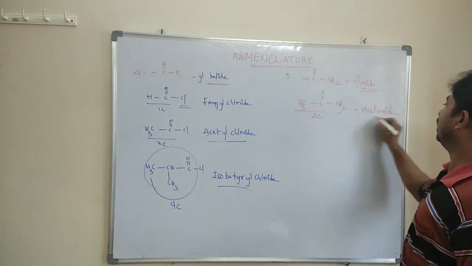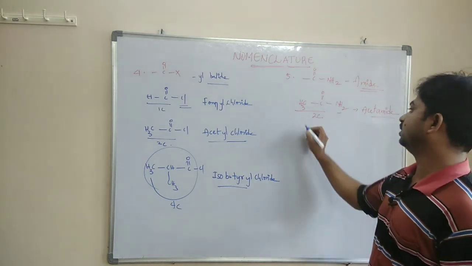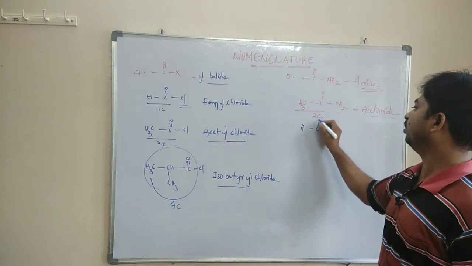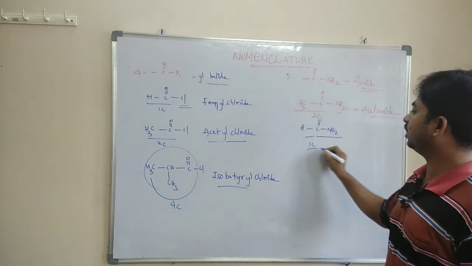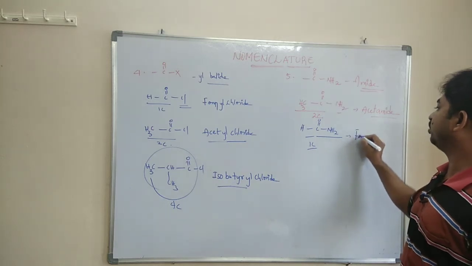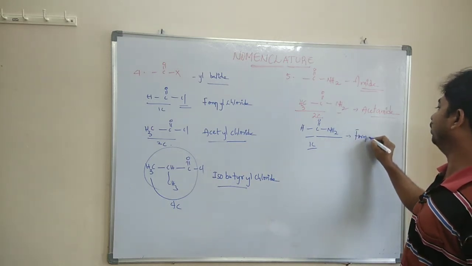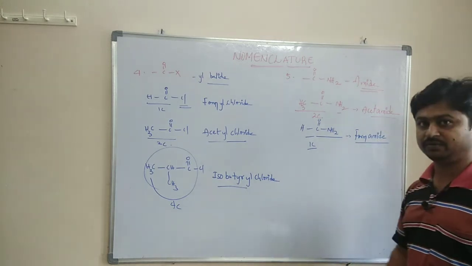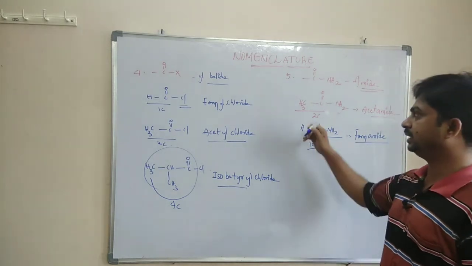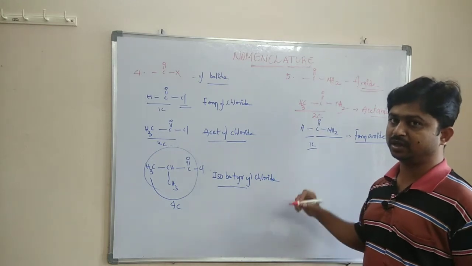Acetamide is the name of this one. The next, H C double bond O NH2. What is the name of this one? It has one carbon. Then form is the root word. Then the suffix is amide. Formamide is the name of this one. Like that we can give the names to the amides.